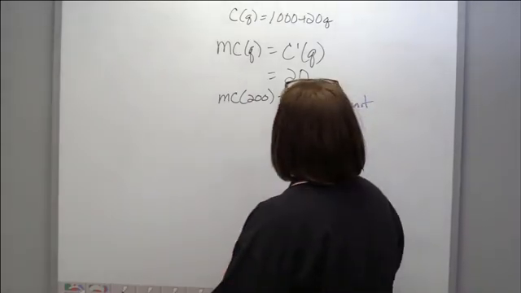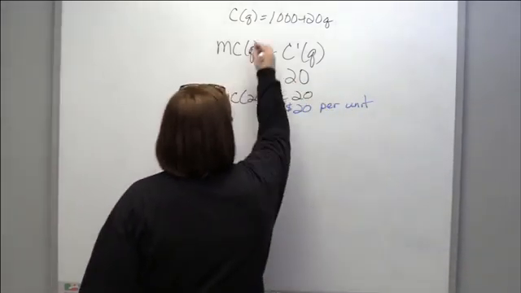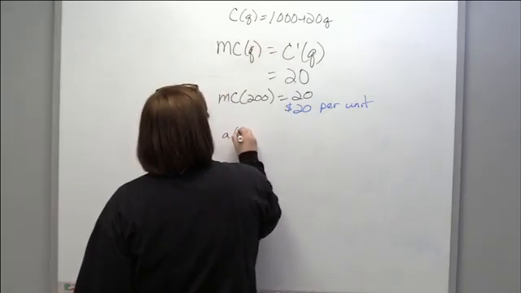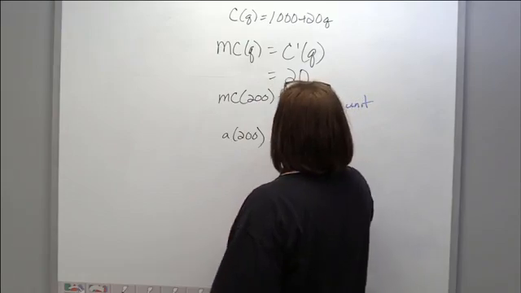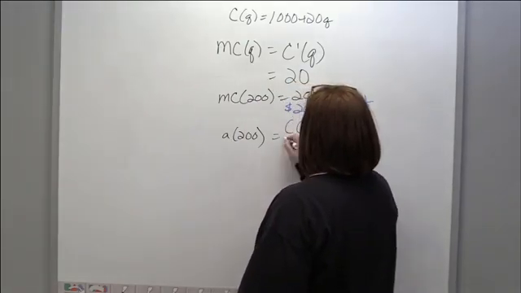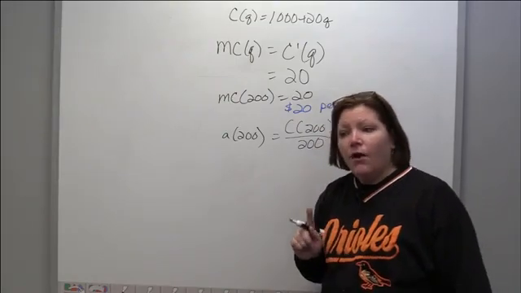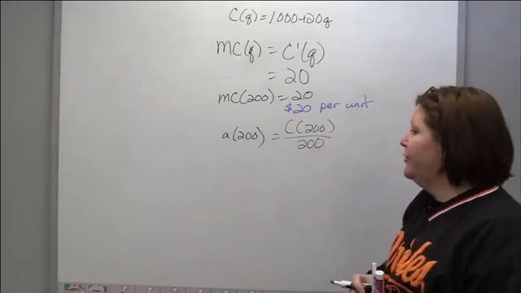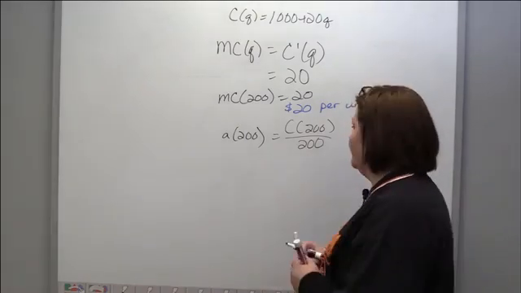Now we're also asked about average cost. And so average cost is going to be the total cost divided by how many. And we're looking in particular only at what is going on when Q equals 200. So we don't need to find the formula in general.